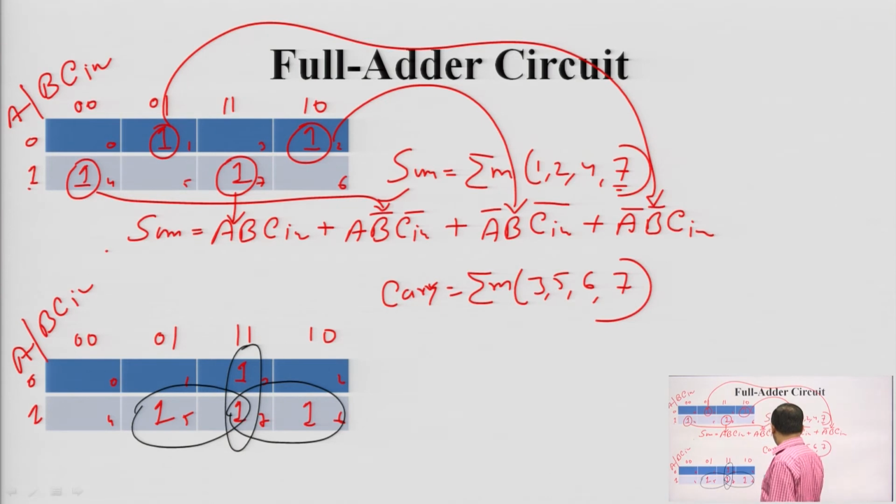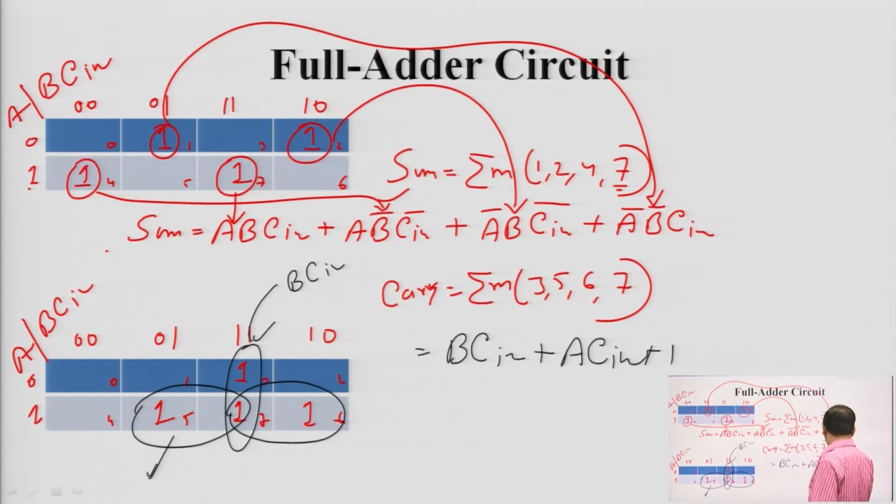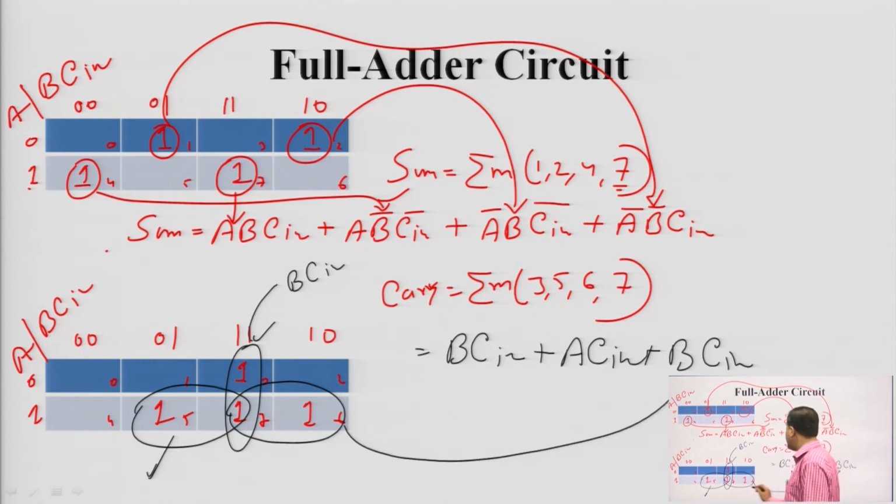The values of carry will be, if we group this one, this is b c in, this one is a and c in, and the last one is b and c in.